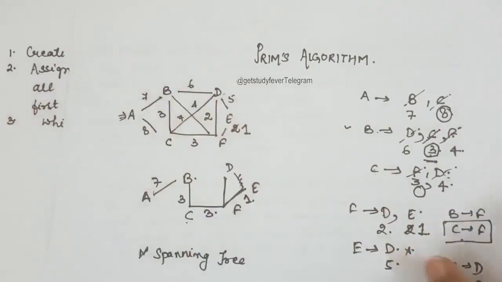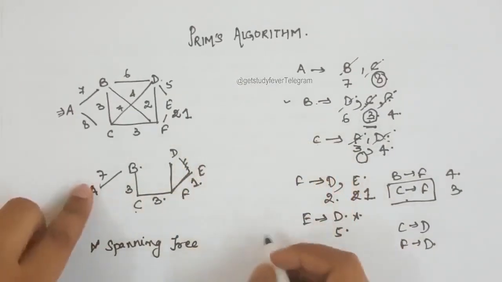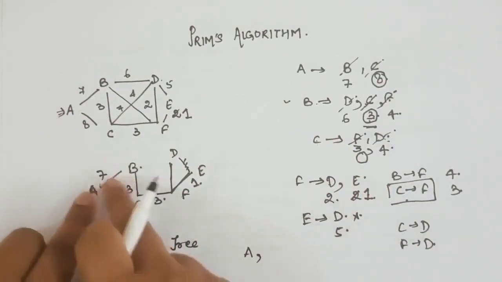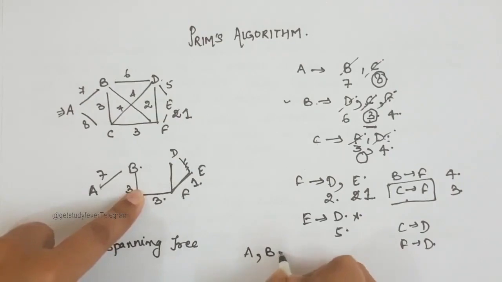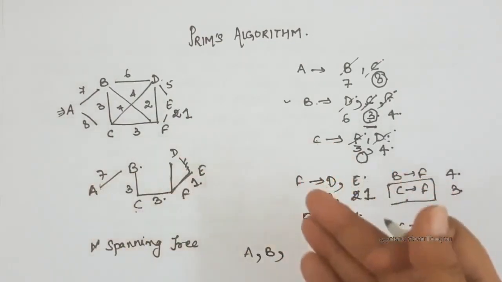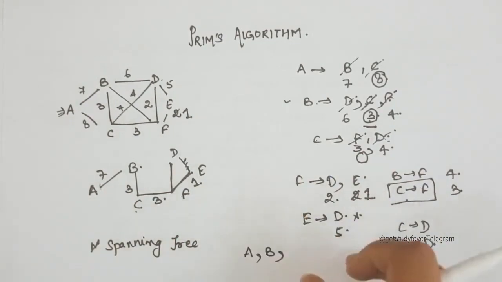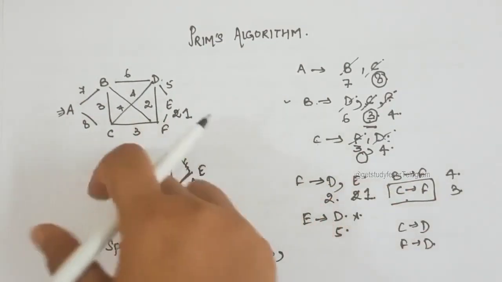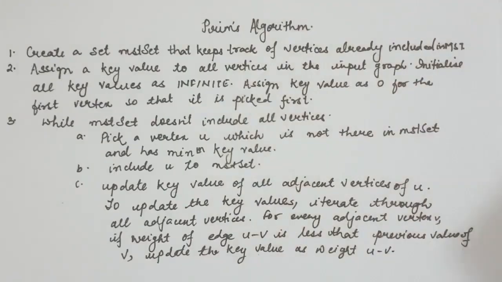Let's say initially I have only A, so my MST set will be just A. When I add B, my MST set will have the values A and B. As I keep adding new vertices, I keep updating my MST set. So the MST set is nothing but an array that keeps track of the vertices included in the minimum spanning tree.